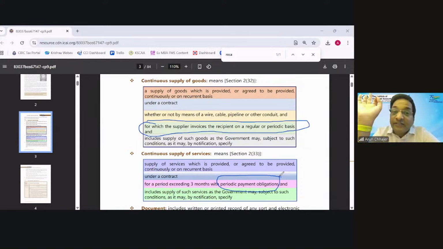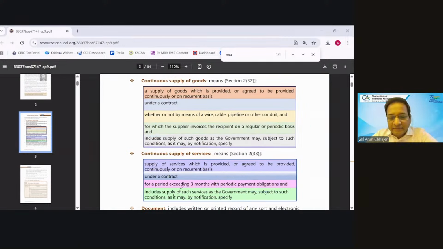Is it a continuous supply of service? Answer is no, because there has to be the periodic payment. It can be yearly, monthly, quarterly, fortnightly, whatever. But there has to be the periodical payment obligation. Remember, this point is always missed. And it is exceeding 3 months that you have already told.